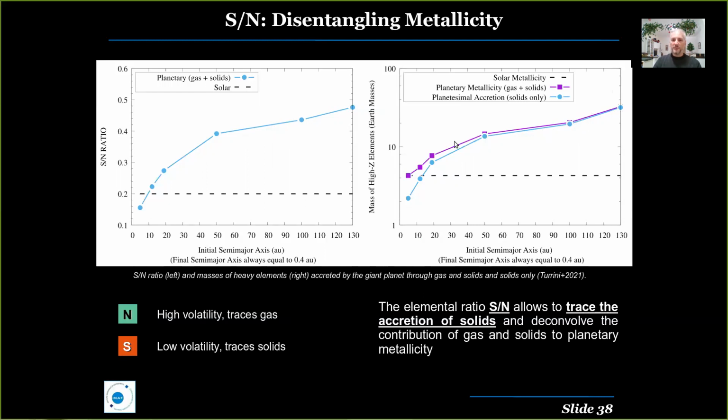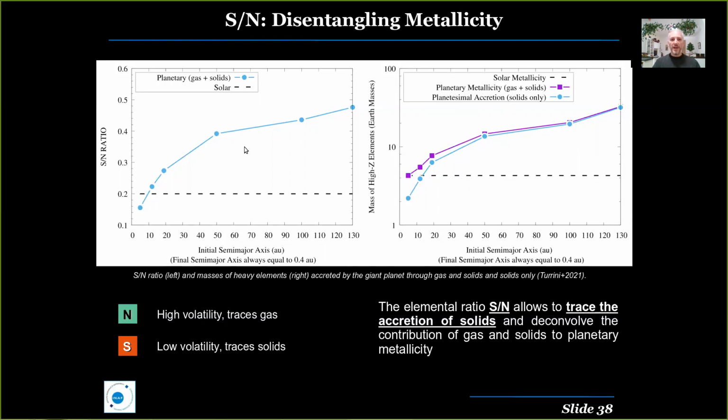The violet curve, instead, shows the total metallicity of a giant planet, that is a mixture, the combination of the contribution of heavy elements by solids, planetesimals, and gas. For very high metallicity, the main source are the planetesimals, as you can see for very large migration, and the 2 curves basically overlap.